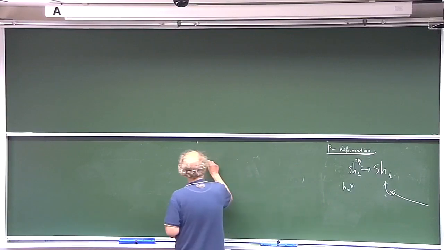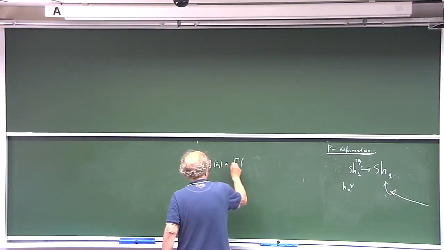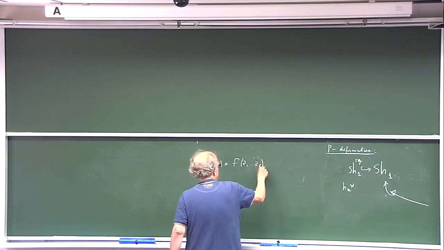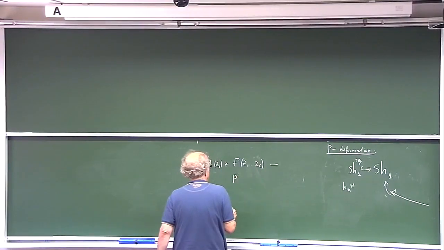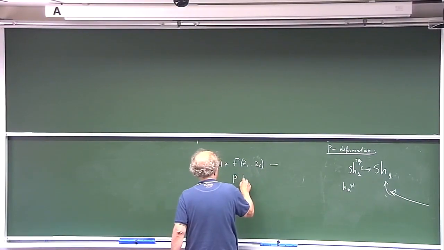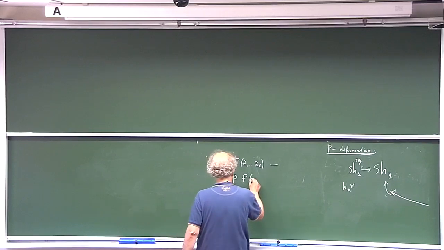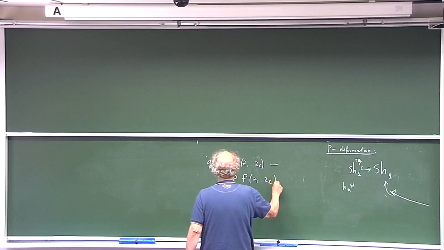I take function G, Z1 times some function in maybe Z1 to Z8, minus T, product in opposite direction. We have F1 and so on Z8 and here J.